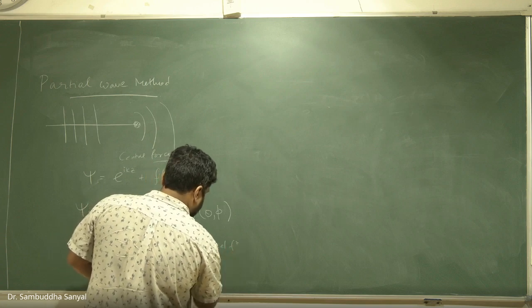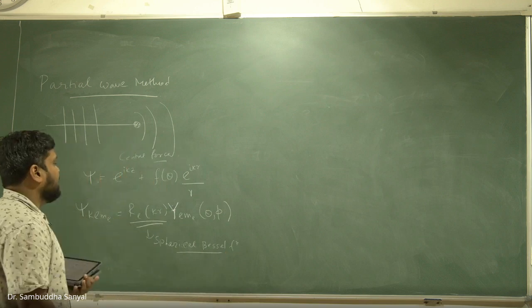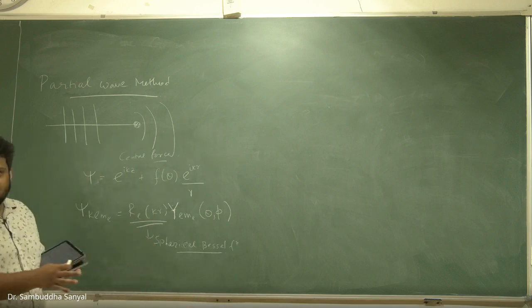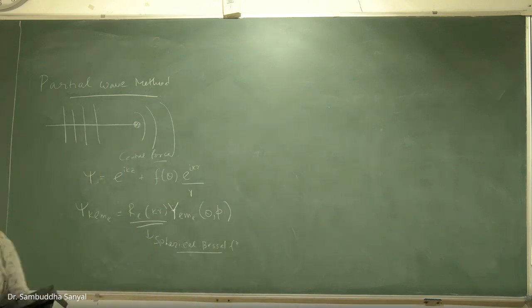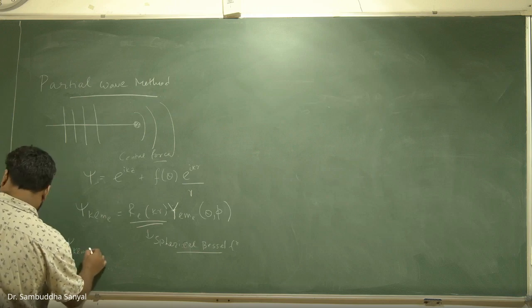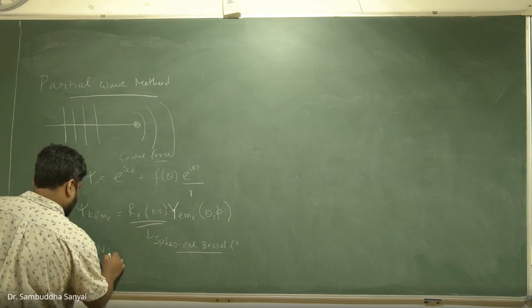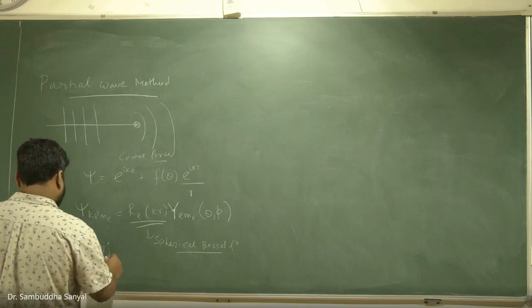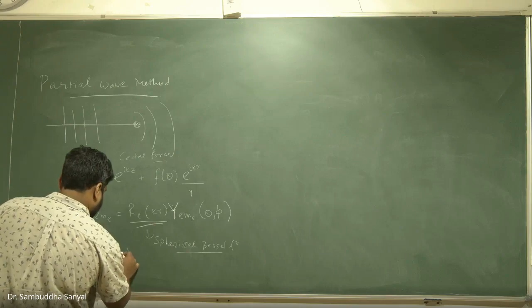And as you know, in a central force problem, that is where all the potential and all the factor is. The theta phi part is always the same. So we rewrite these as psi k l m_l, some normalization factor, j l k r.